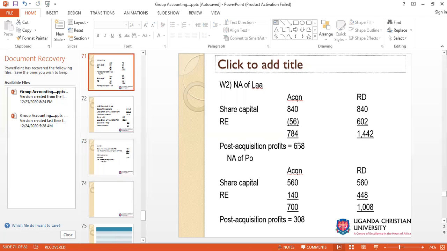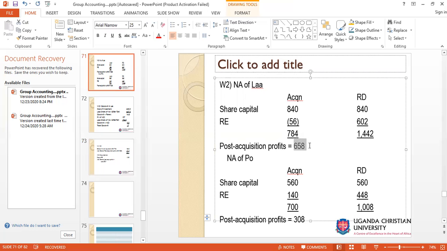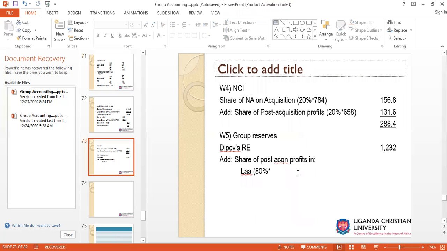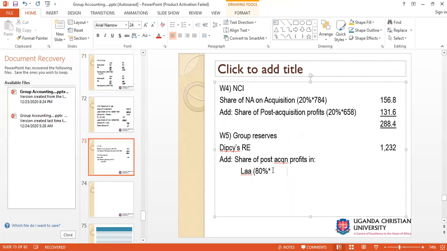The profits they made during the period after being acquired was 658. Here we multiply by 658, using the calculator, 658 times 0.8, that is 526.4.